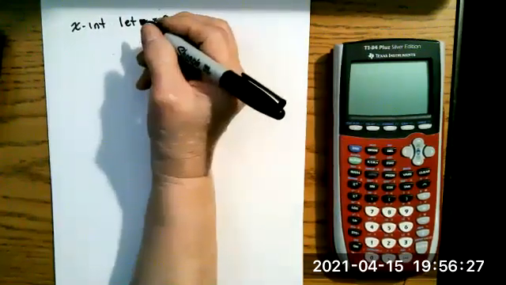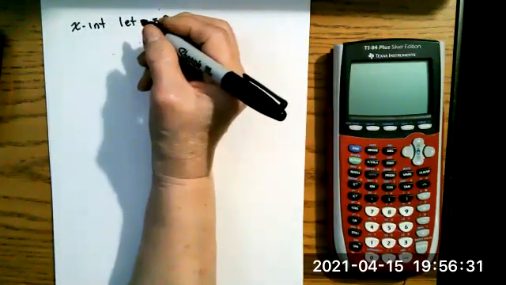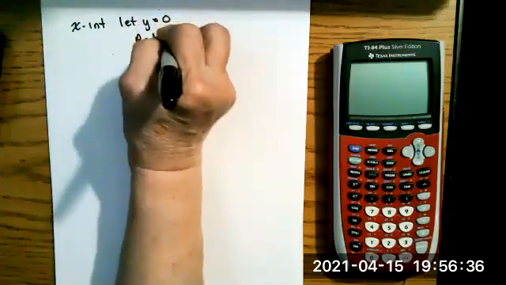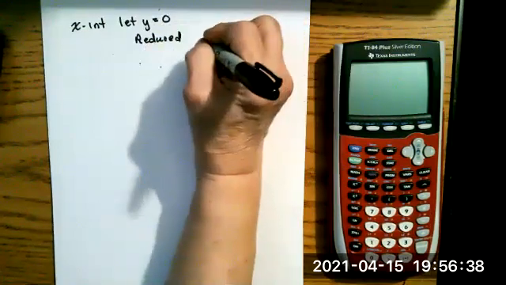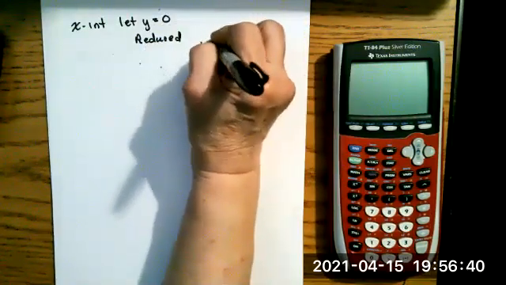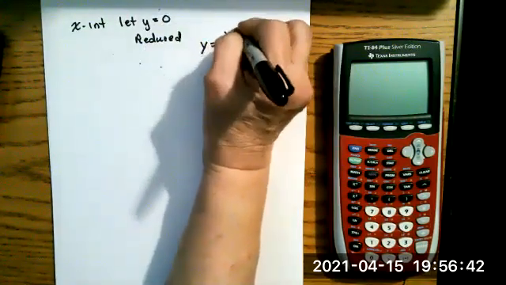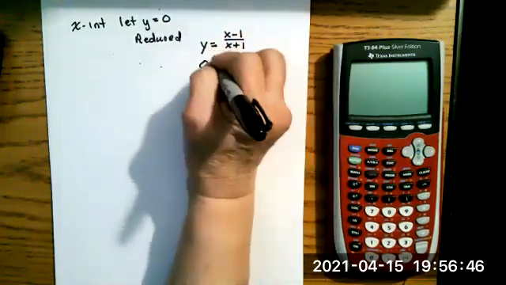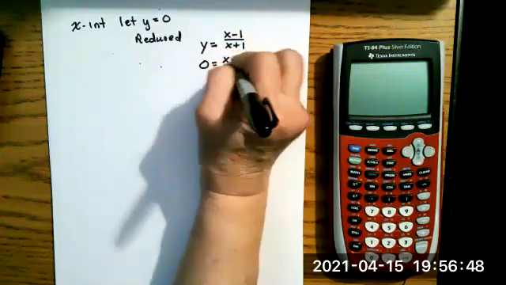So if we have, let's use the reduced one for this one. So we're going to have y equals, and I'm going to write down this reduced one, x minus 1 over x plus 1. Put a 0 in for y.